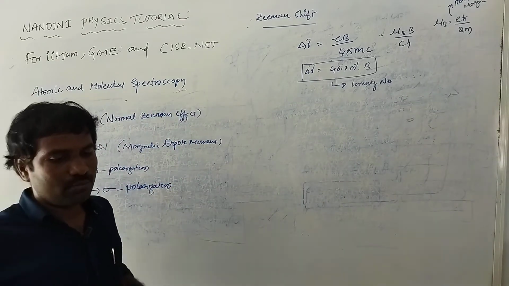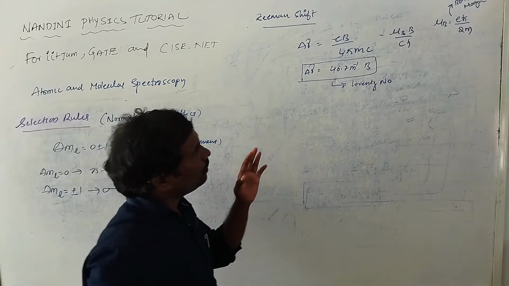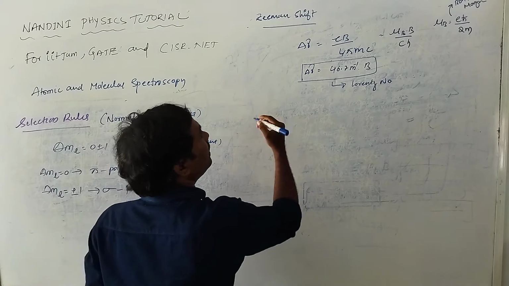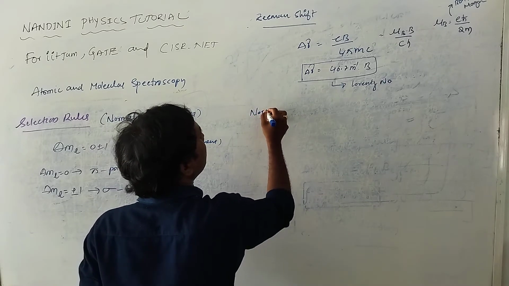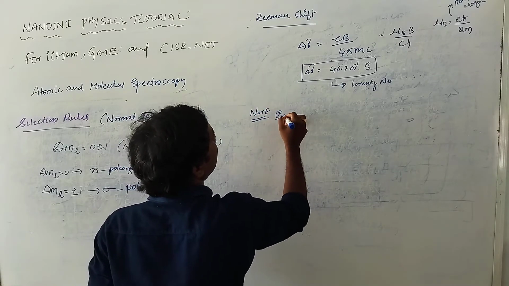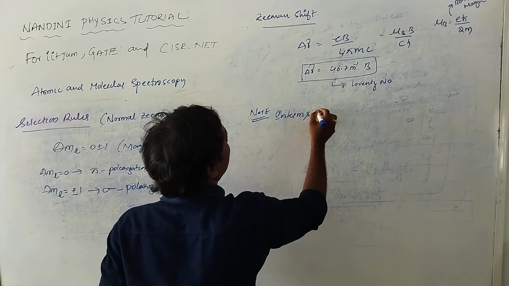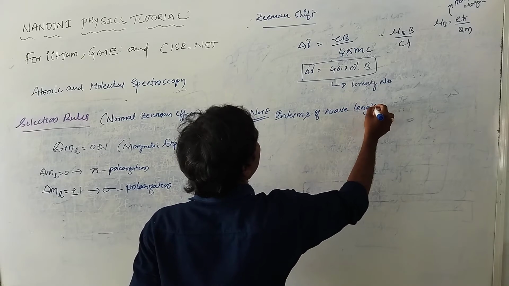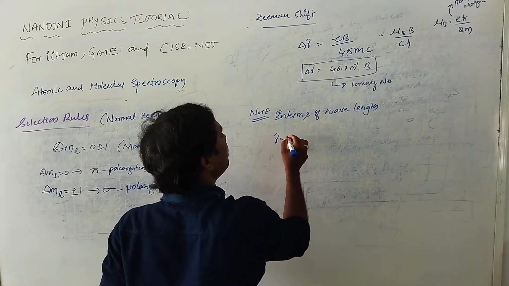But how do you write this Zeeman shift in terms of wavelength? Note this point. In terms of wavelength, nu is equal to 1 by lambda.